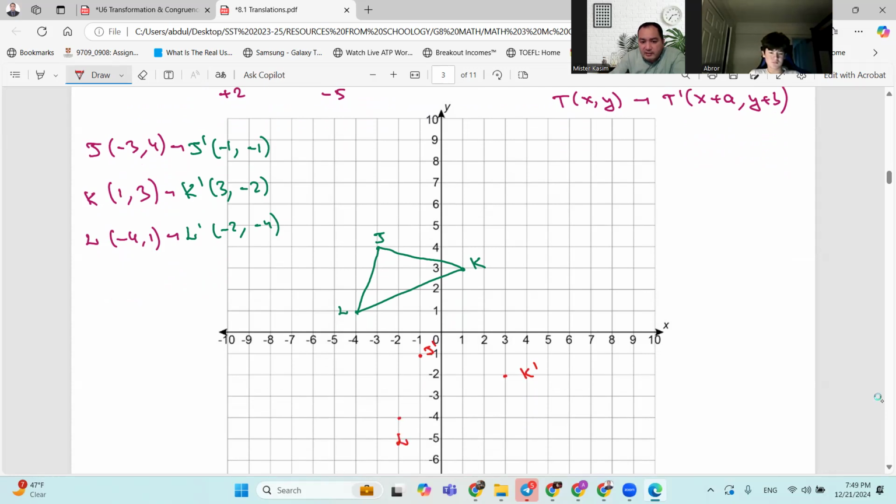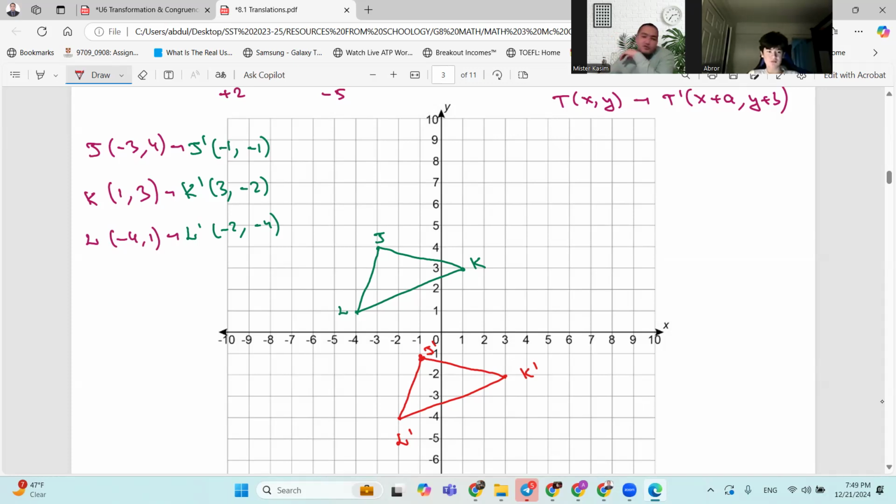That is L prime, if you're doing it on graph paper. And after that, I need to connect this. This one is LK and JK, and this one is LK. This is the image of this triangle under translation with the vector (2, -5). Okay, so we shifted 2 units to the right and 5 units down.